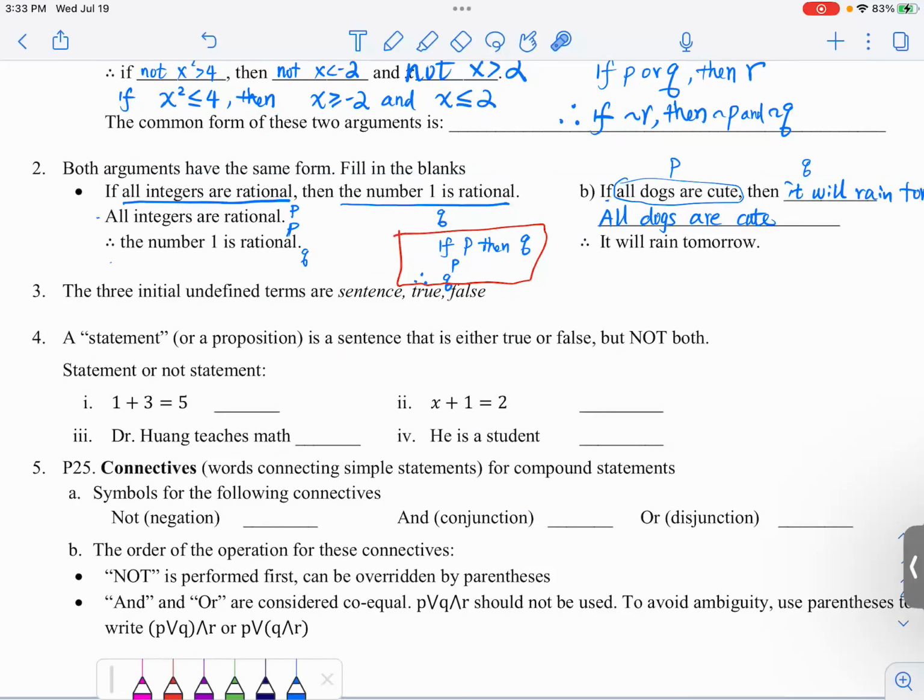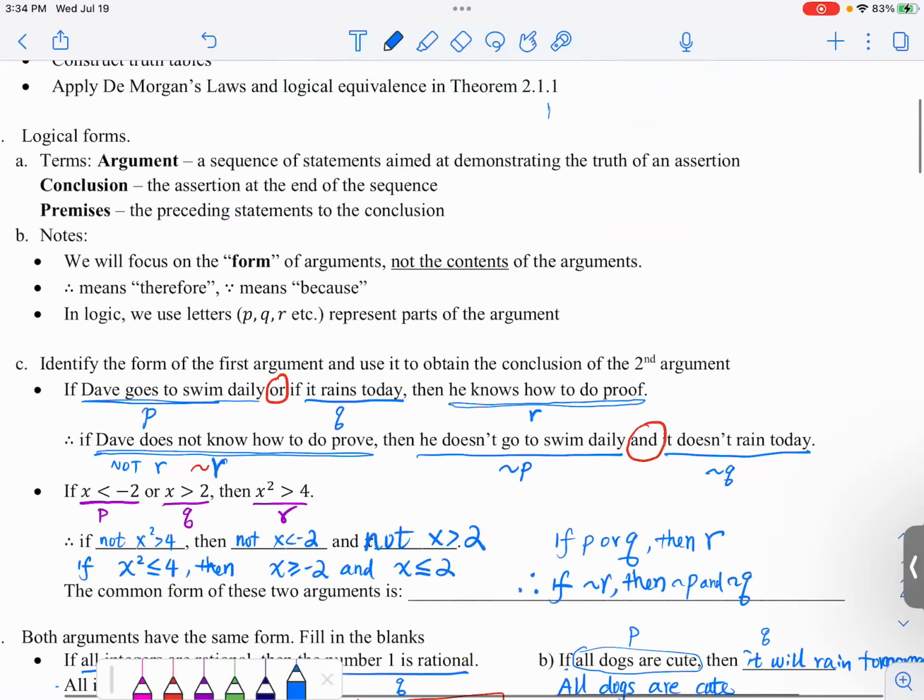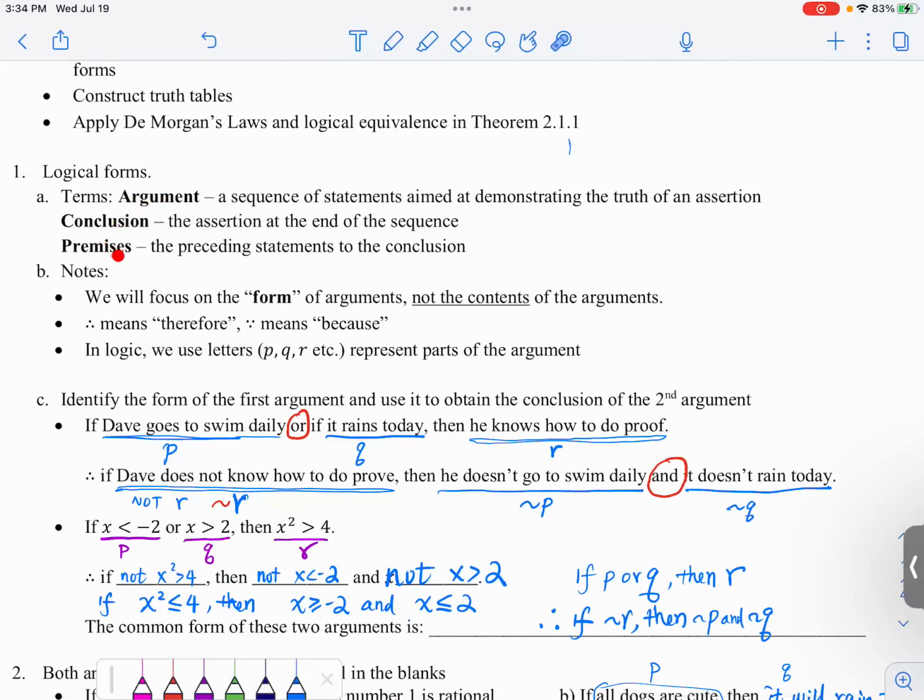Now, we're going to continue. There were 3 initial undefined terms. I hope you understand why we have to have undefined terms. Oftentimes, we define some term using other terms. Like here, we define arguments, conclusion, premises using English words, right?